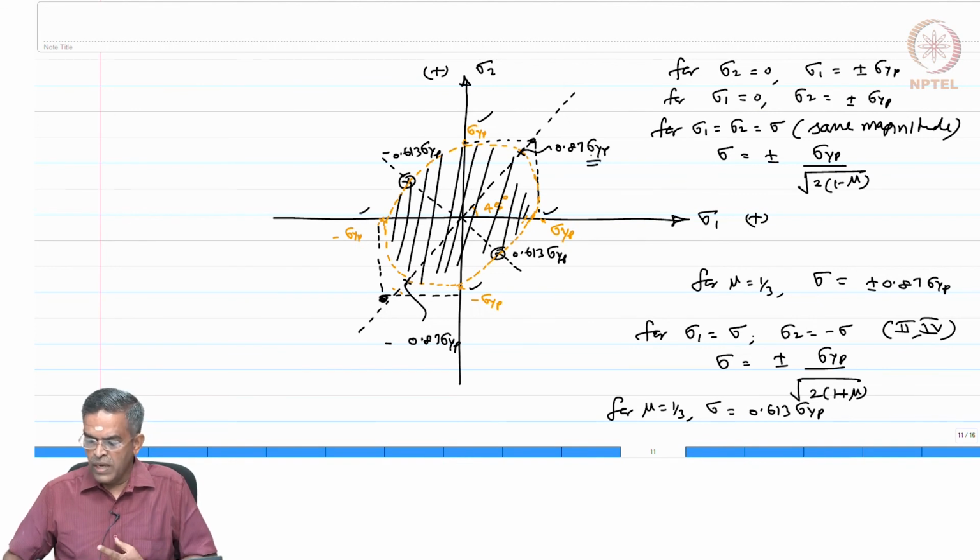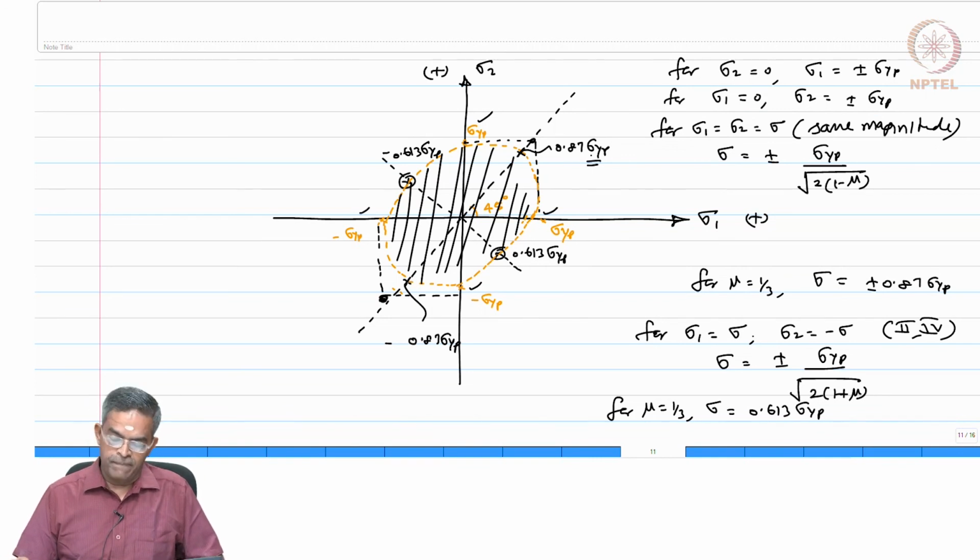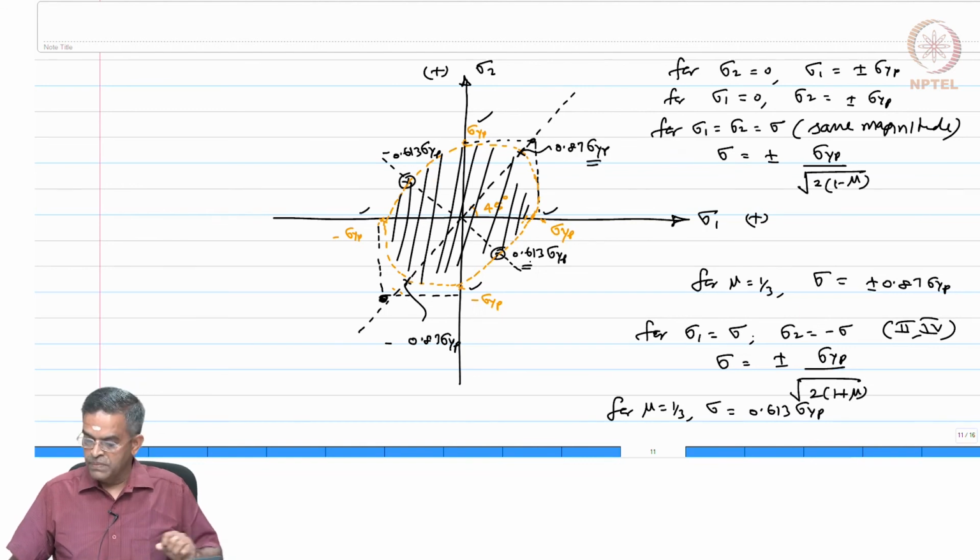It is only about 87% that the material fails, or the failure happens in the member, even though the material has not touched the yield stress, when the stresses are similar in nature and same magnitude. When they are dissimilar in nature, failure occurs even much lower than sigma yp. So, that is a very critical and dangerous interpretation this theory gives me.